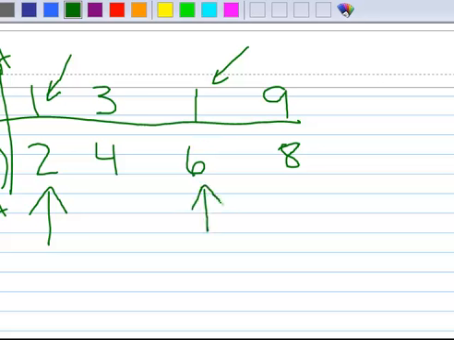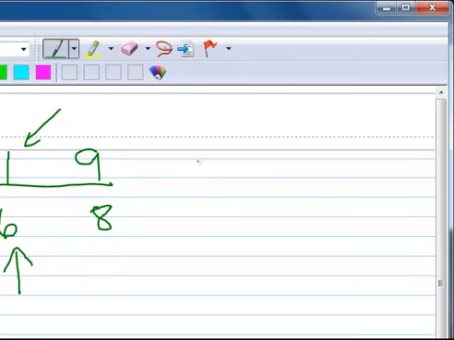And that means it's not a function, because to be a function, you always get out the same output over and over when you put in the input. So in other words, this ordered pair must be unique. The ordered pair 1, 2 is different than 1, 6. So this is not a function.